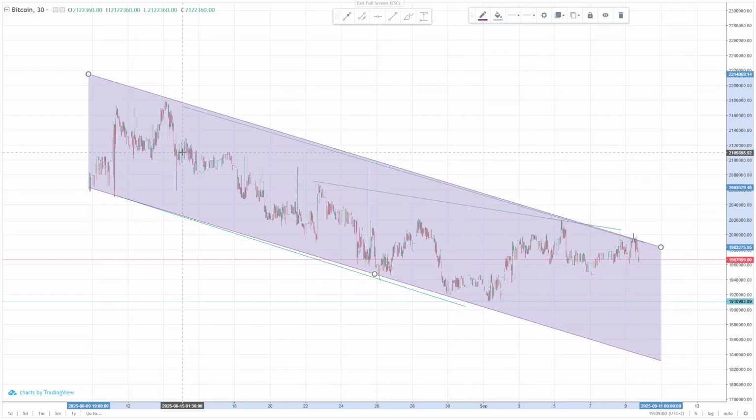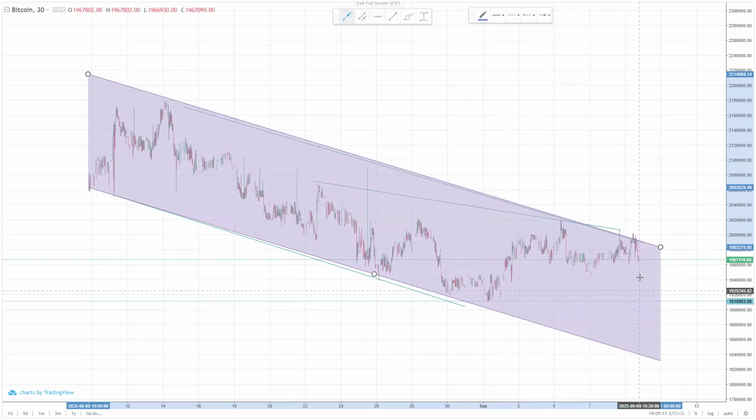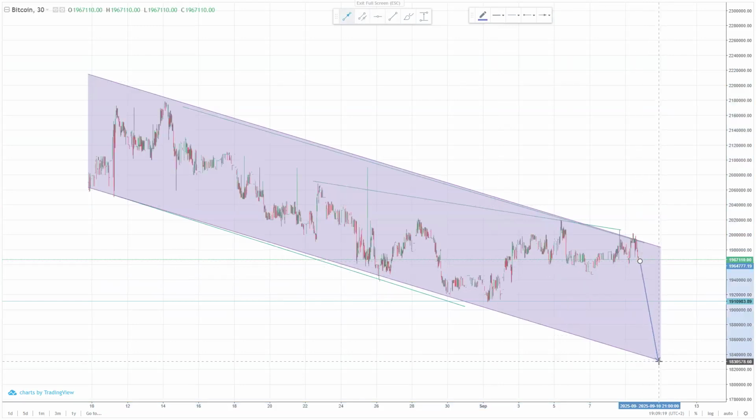And of course, we can see that it did try and break through the resistance line, but it's gone further down. So just with this tool alone, I can establish that we have a downward market. There's possibly a further downward movement.